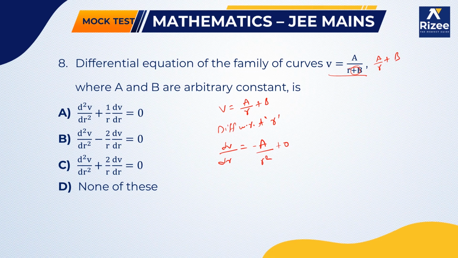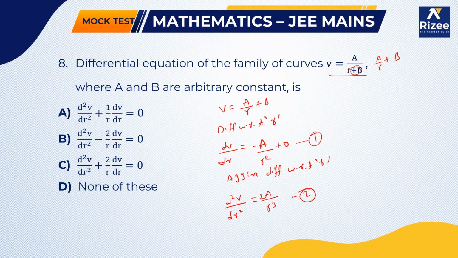Again differentiate with respect to r. d square v by dr square is equal to 2a by r cube. From 1 and 2, eliminate a and we get the answer.